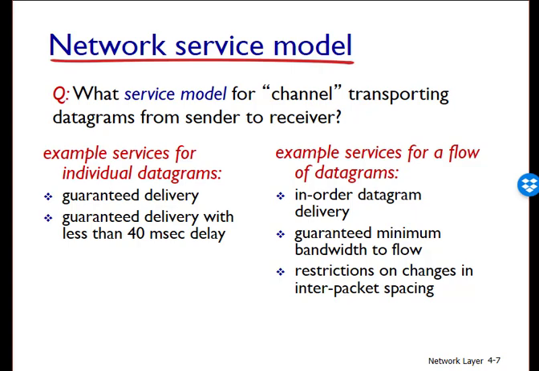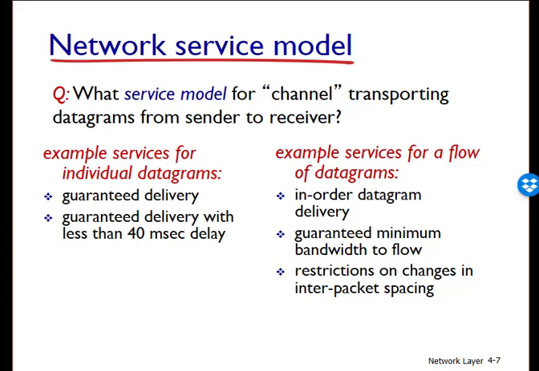Guaranteed delivery with bounded delay. Bounded delay is a term used to describe a network in which the total delay experienced by data traversing the network can be guaranteed not to exceed some predetermined value. Make a note of that.